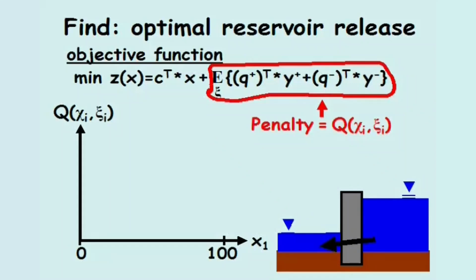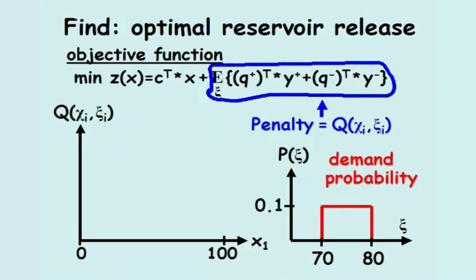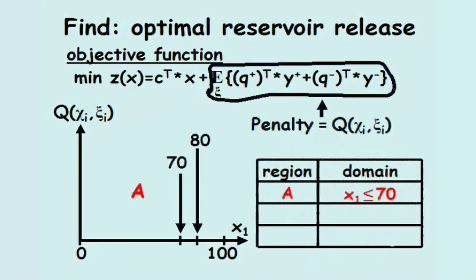Since the demand distribution ranges from 70 units to 80 units, we'll calculate the penalty for 3 different regions for x1. Region A will be for x1 at most 70 units. Region B will be for x1 at least 70 units and at most 80 units. And region C will be for x1 at least 80 units.